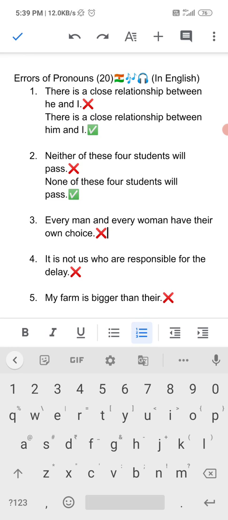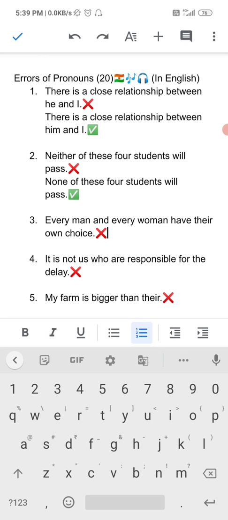The first error is this. And after has, we have to rectify there, because our subject, every man and every woman, is singular, and for the singular subject we should use a singular adjective.